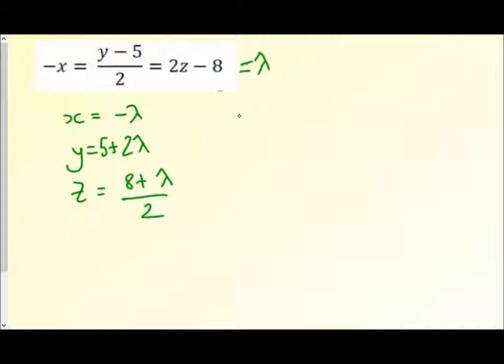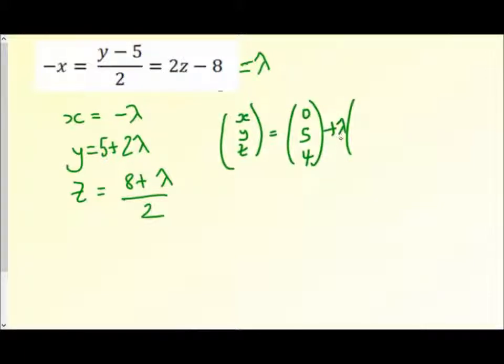So if we want it in the vector form, then we've got a point on the line, so 0, 5 and 4, and then we've got a multiple of the direction, in this case minus 1, 2 and 0.5.